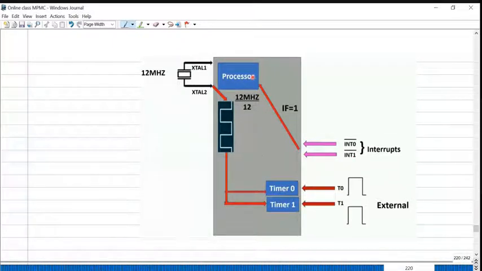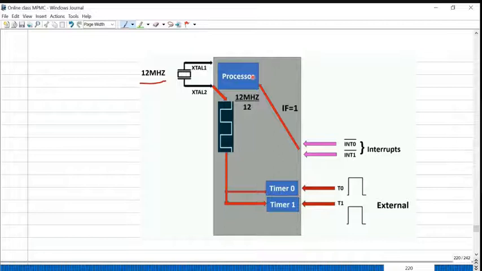In this diagram, it is clearly mentioned that in timer operation, the clock pulses come from the processor. Let us assume 12, actually 11.0592 megahertz. Some textbooks follow 12 megahertz. So read the question paper to see whether they have provided the oscillator frequency. If provided, then no problem. If not, you have to assume the exact frequency, 11.0592 megahertz only, not 12 megahertz.